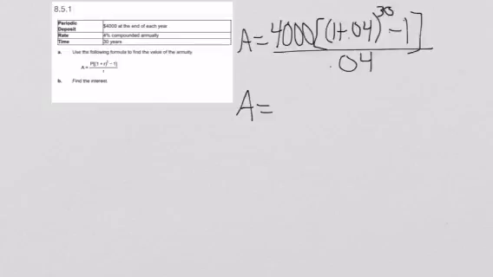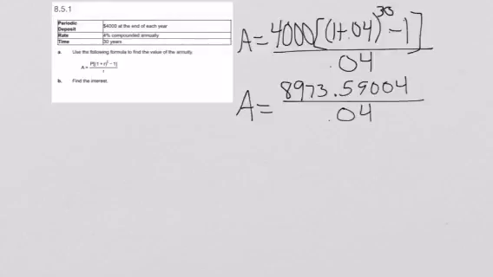So on the top, when you do all the calculations for the top, you get 8,973.59004, and on the bottom we have that divided by 0.04.